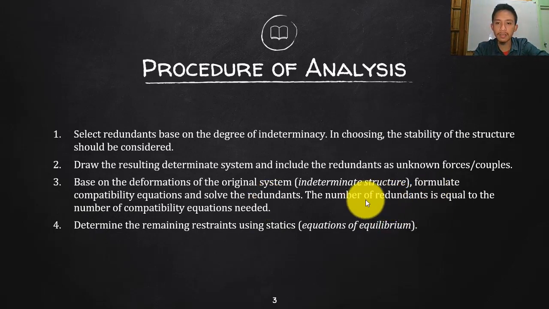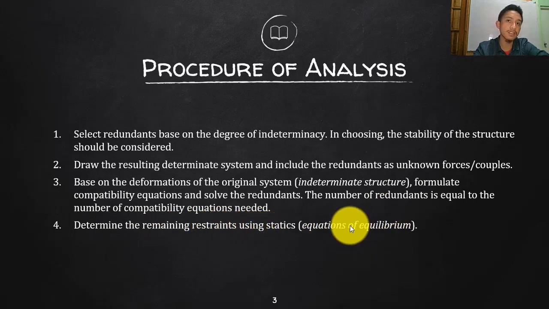And of course, as I said a while ago, the number of redundants should be the same as the number of compatibility equations. Then once you have solved the redundants, apply them to your determinate system and solve for the rest. Okay, so determine the remaining restraints using the statics of equilibrium.